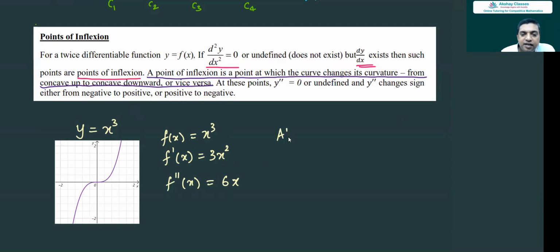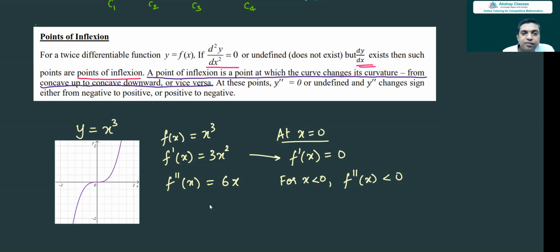Now at x equal to 0, f dash x is 0. Now for x less than 0, f double dash x is negative, and for x greater than 0, f double dash x is positive.